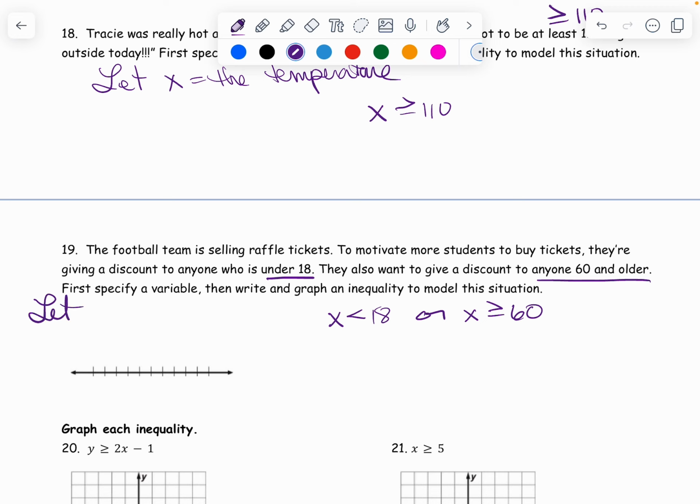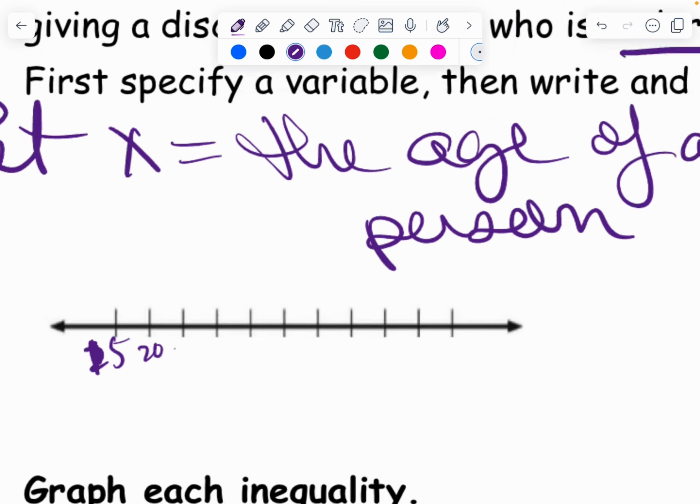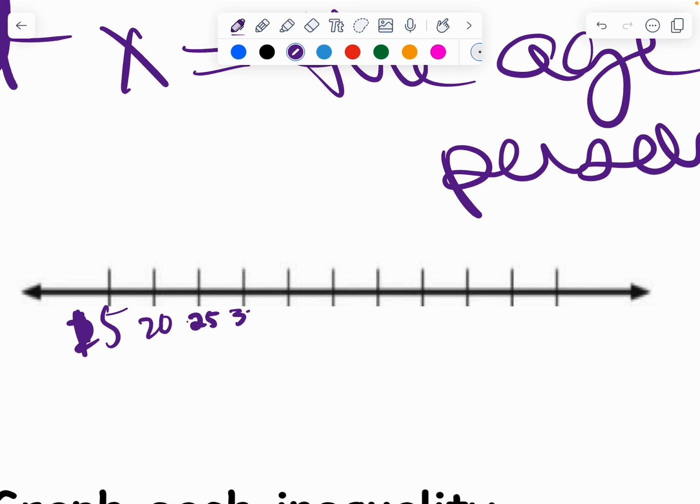Let x equal the age of a person. So we're going to put, let's do 15, 20, 25, 30, 35, 40, 45, 50, 55, 60, 65.